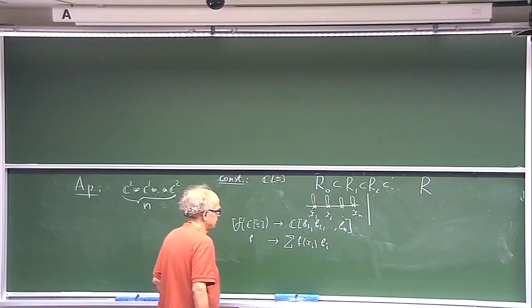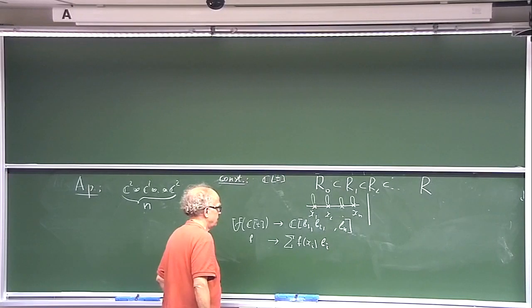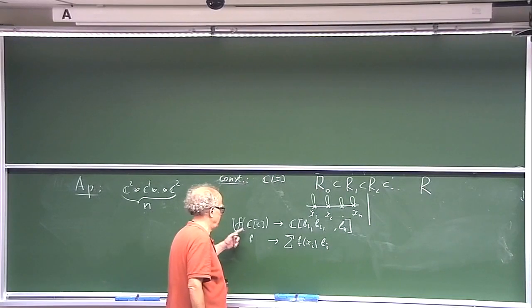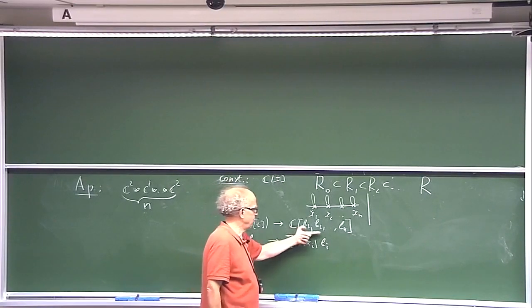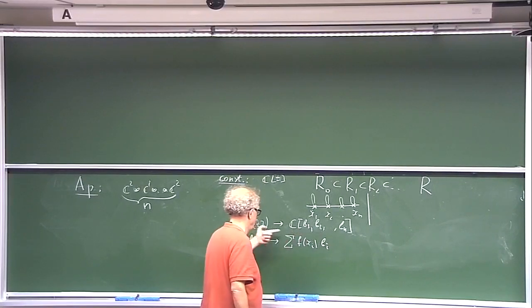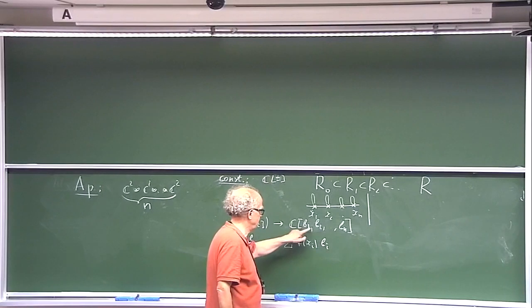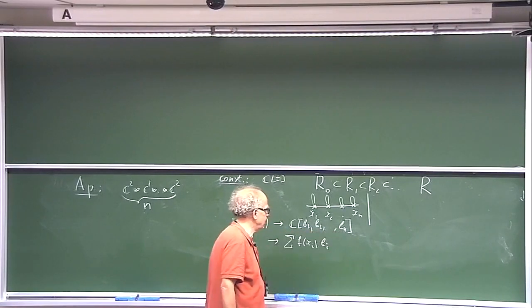Now, this is a rather evident way. So we have a homomorphism. This is a polynomial ring in an infinite number of variables, and this is a polynomial ring in a finite number of variables, b1, b2, and so on, bn.